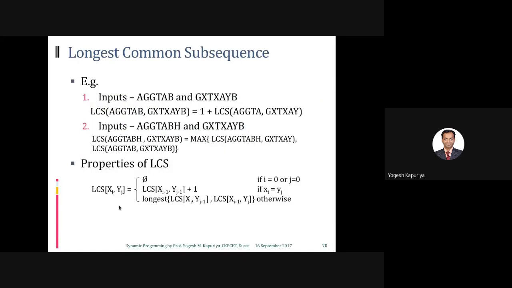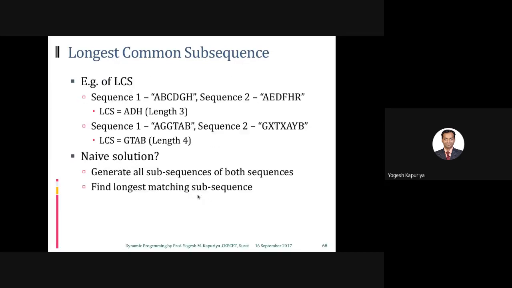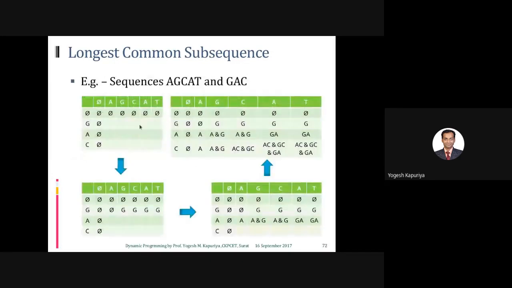We are computing Xi and Yj, and comparing them. Obviously this is the first row, so it will be null. The first column is also null because there is no letter in sequence 1. Here also there is no letter in sequence 1, so that's why this is all null.